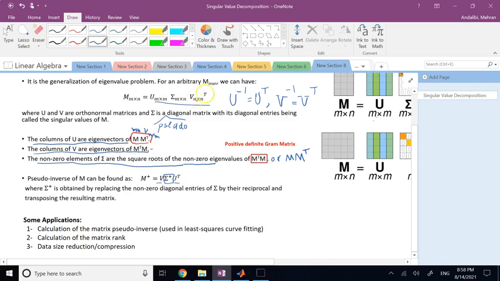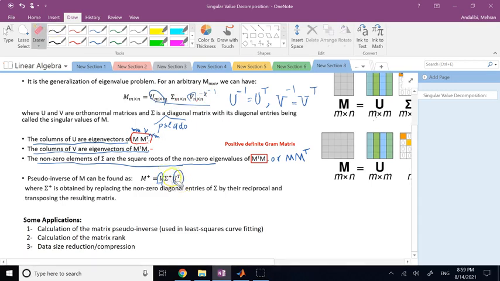So this is going to be V transpose inverse, and since V is an orthonormal matrix, V transpose is the same as V inverse, so the inverse of the inverse gives you V. The inverse of U is the same as the transpose of U.